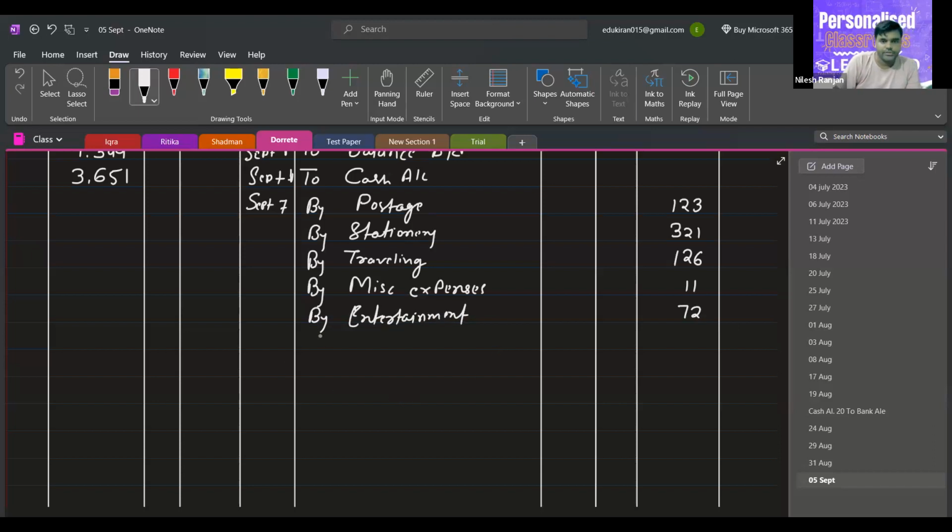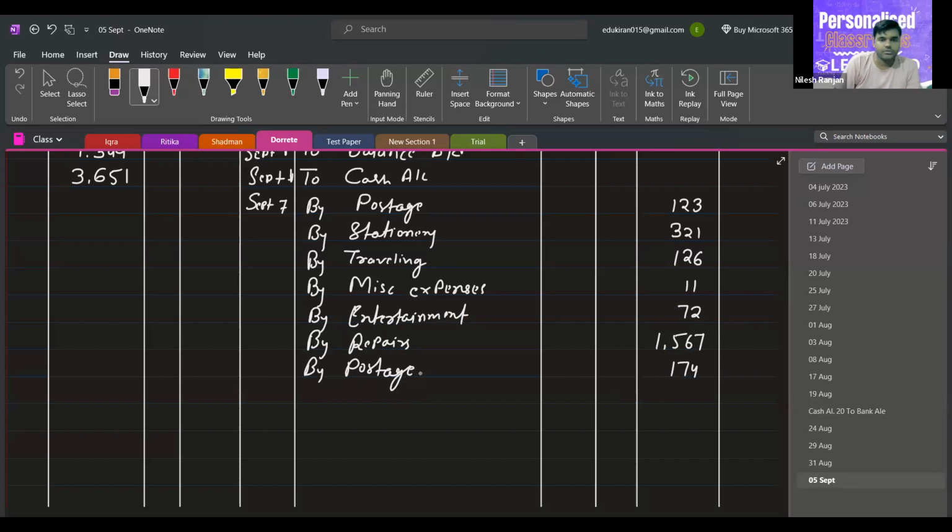And by reviews, postage, it is 1,567, and it is 174.